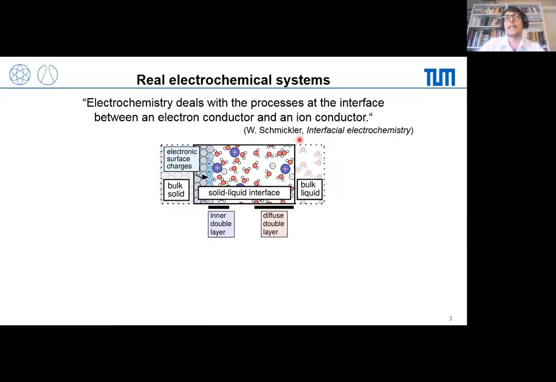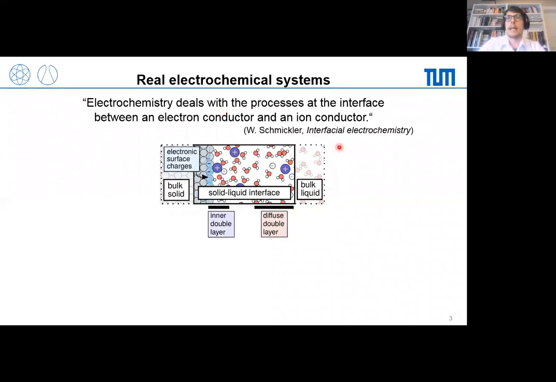He says, electrochemistry deals with the processes at the interface between an electron conductor and an ion conductor. And that nearly tells us everything we need to know about how we should address these calculations and what the relevant degrees of freedom at such interfaces are.